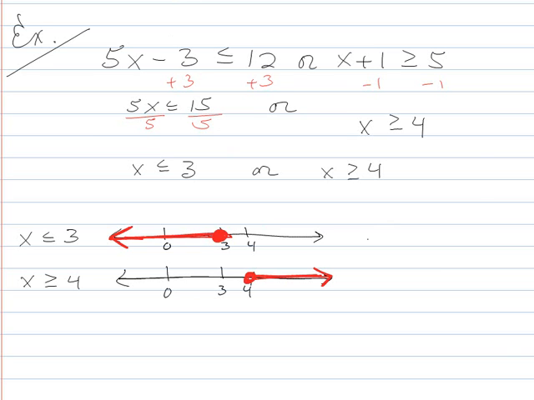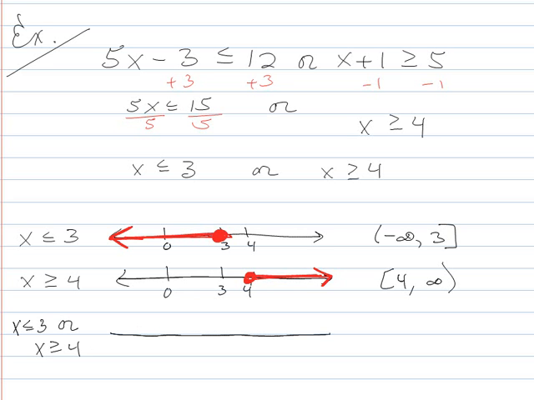And just to remind you what interval notation is, going from left to right, negative infinity to 3 inclusive, and then 4 to infinity non-inclusive. Now if we want to say x is less than or equal to 3, or x is greater than or equal to 4, I want to fill in any place where either one of them is filled in.